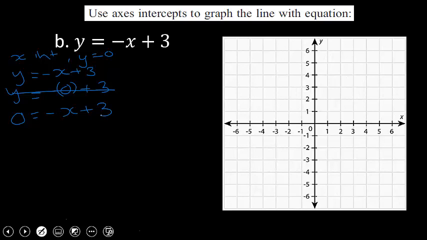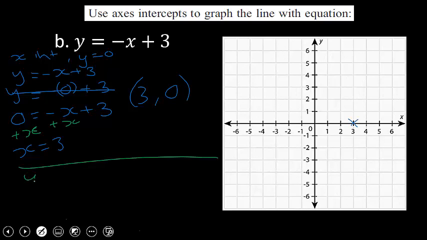Now I want x equals a number. So I'm going to add x on both sides. And I'm moving the x because it's negative. So I'm just going to make it positive quickly. And I'm saying x equals 3. Therefore, my x-intercept is going to be 3, 0. I can put that on my graph right over there. Now for the y-intercept, I know that x equals 0.